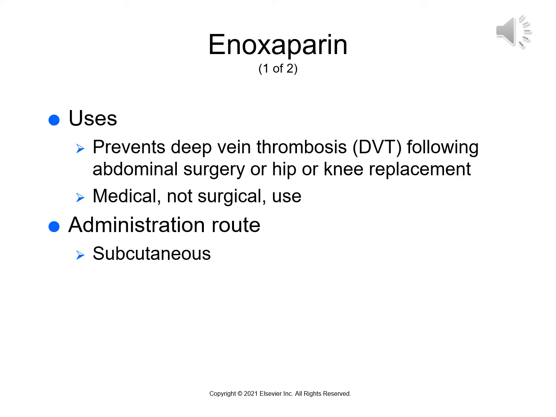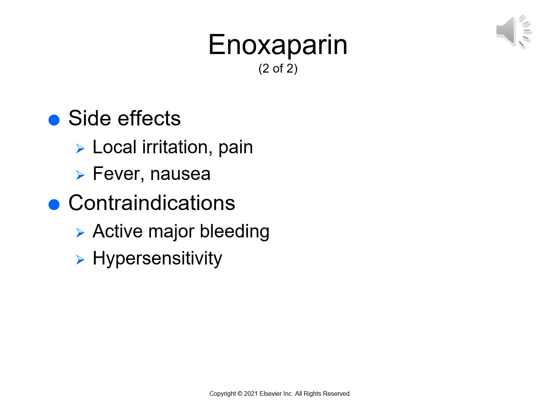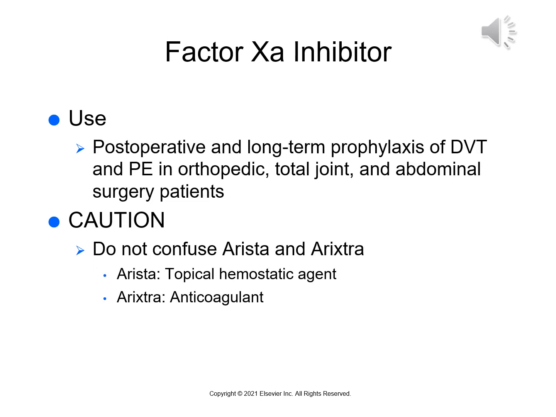It's administered by sub-Q injection, and it has a medical and not surgical application. Enoxaparin should not be given with other anticoagulants, including aspirin. Side effects include local irritation, pain at the injection site, fever, and nausea. All right, so the factor 10A is administered subcutaneously only.